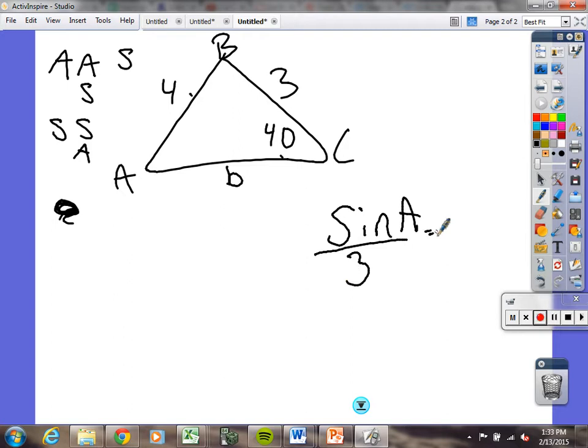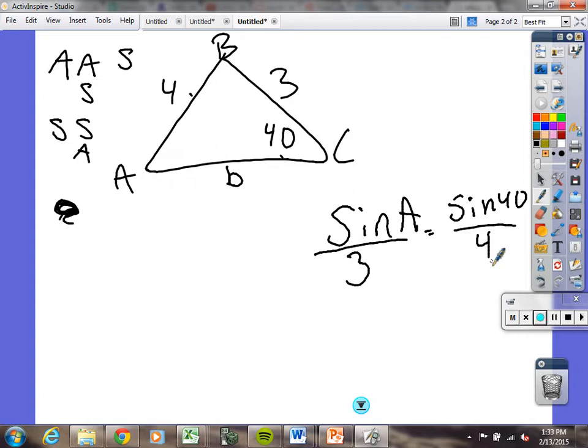So therefore, that equals sine of 40 over 4, with the side itself. Because remember in law of sines, sine of A over a equals sine of B over b, or sine of C over c, right? Not too hard of a concept, correct?